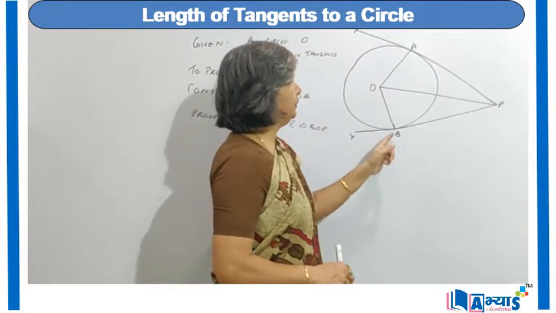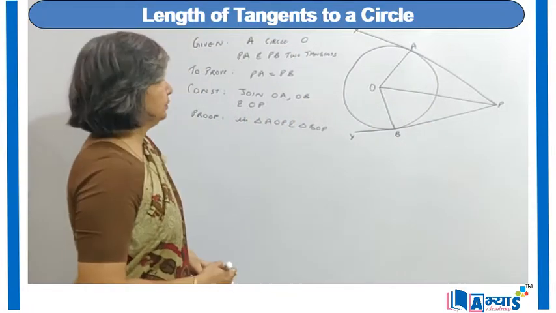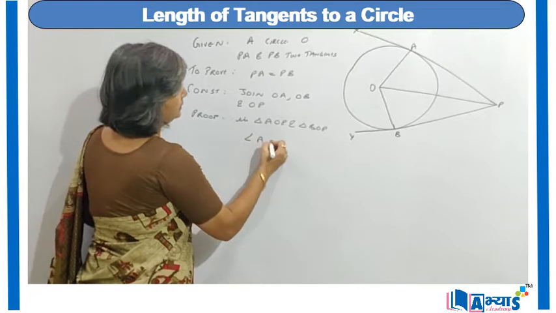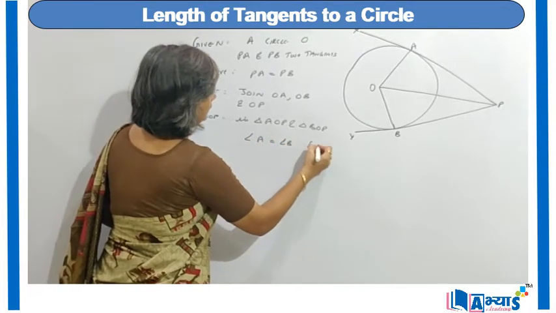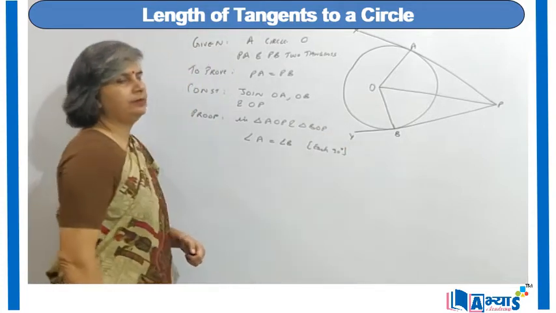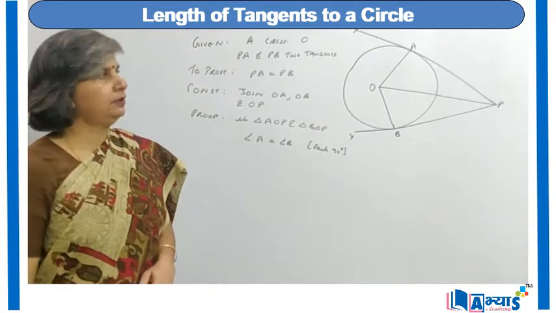In the two triangles, angle A is equal to angle B, each 90 degrees, because we know that the tangent makes an angle of 90 degrees with the radius.